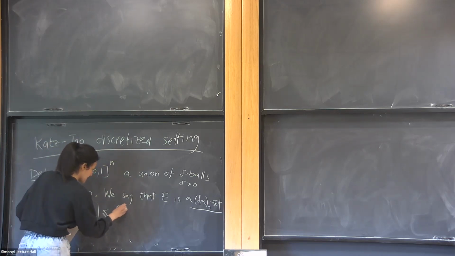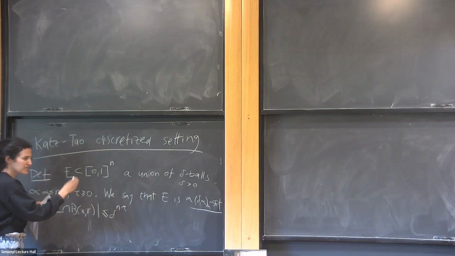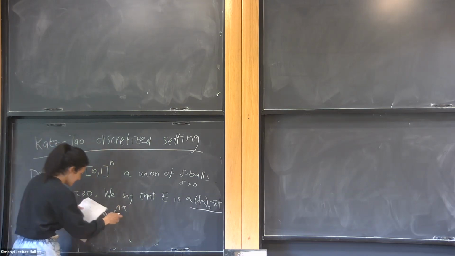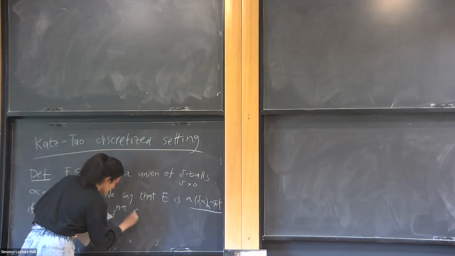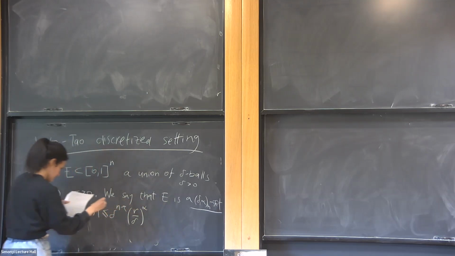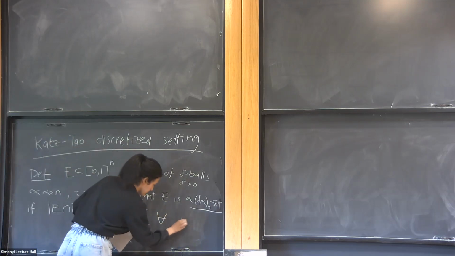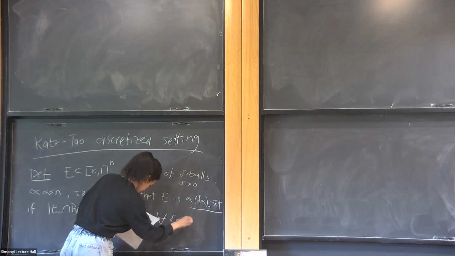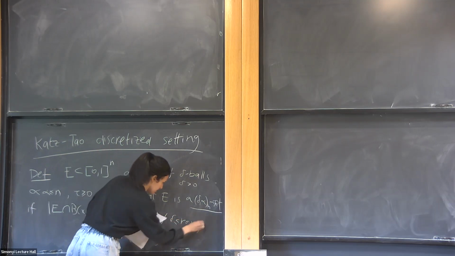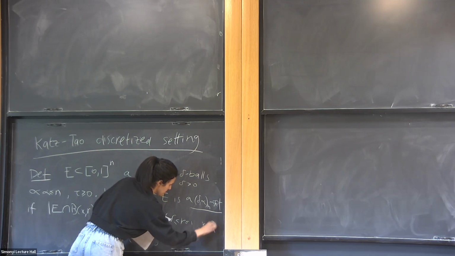Again, you can ignore this tau for now, it's just a small refinement, making this condition a weaker requirement, which is good, less restrictive, times R divided by delta to the alpha, for every R between delta and 1 and x in R^n.